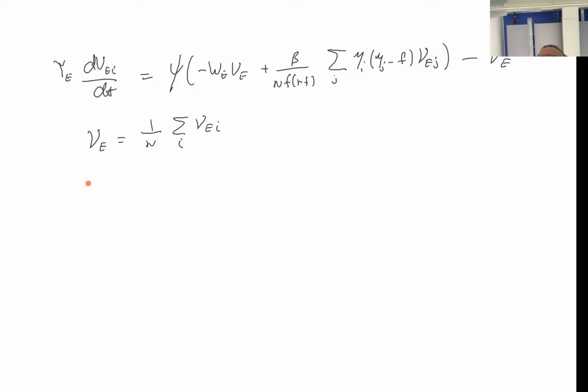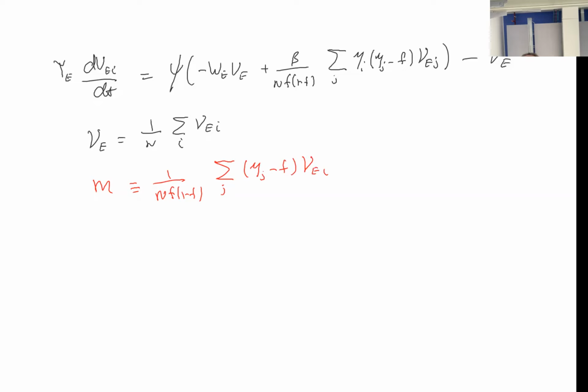M, our overlap, is defined to equal 1 over N F 1 minus F, which is just for convenience, times the sum on J of eta J minus F nu EJ.